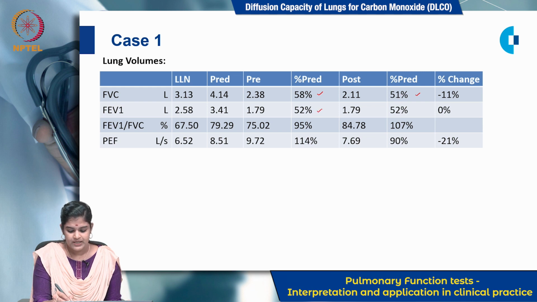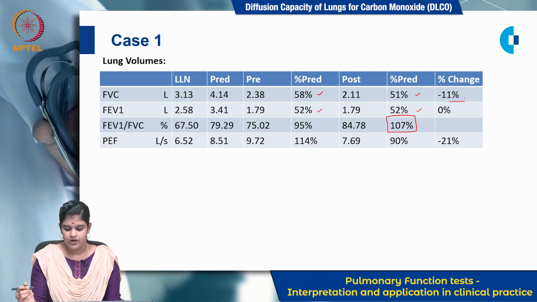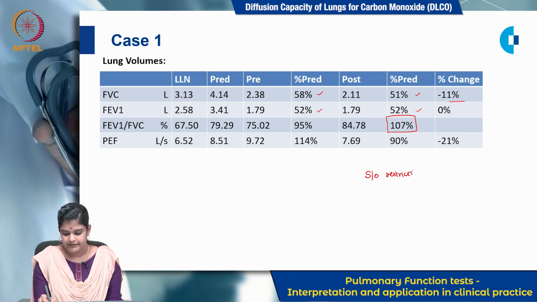FEV1 is 52% pre and 52% post. FEV1 by FVC is 107%. And we also see there is no significant bronchodilator reversibility. So this lung volume report, the spirometry report, is suggestive of a restrictive defect.